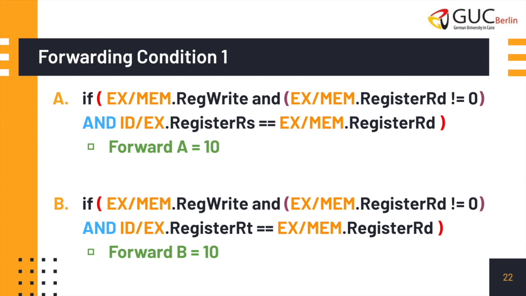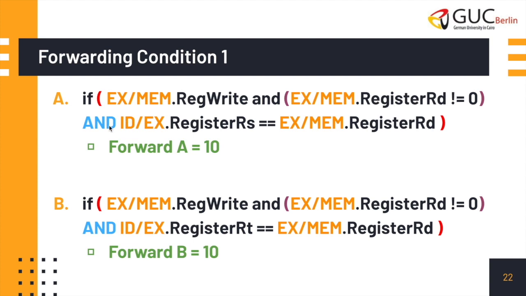So if regwrite is equal to true, which is having the value 1, and the ex/mem.register_rd is not equal to 0, so here I'm doing both conditions. As you can see, the regwrite is 1, and we have here an AND, the register RD is not equal to 0.